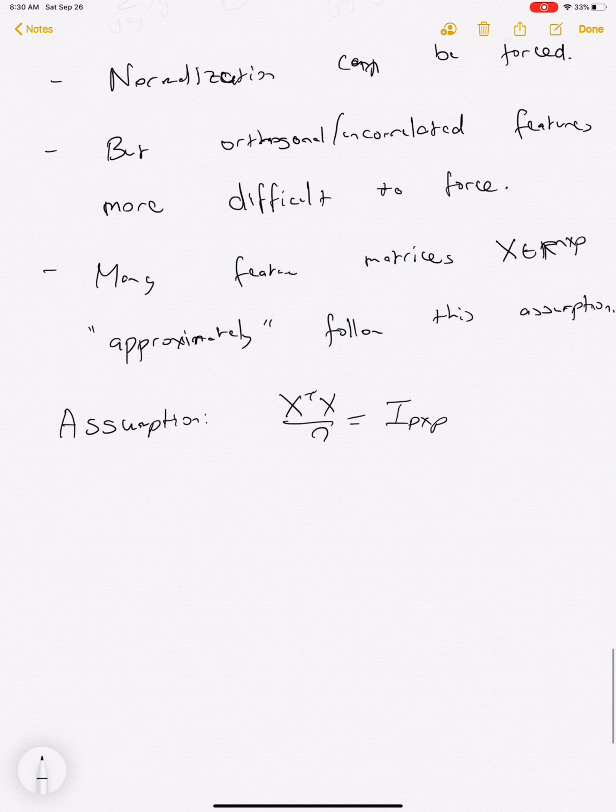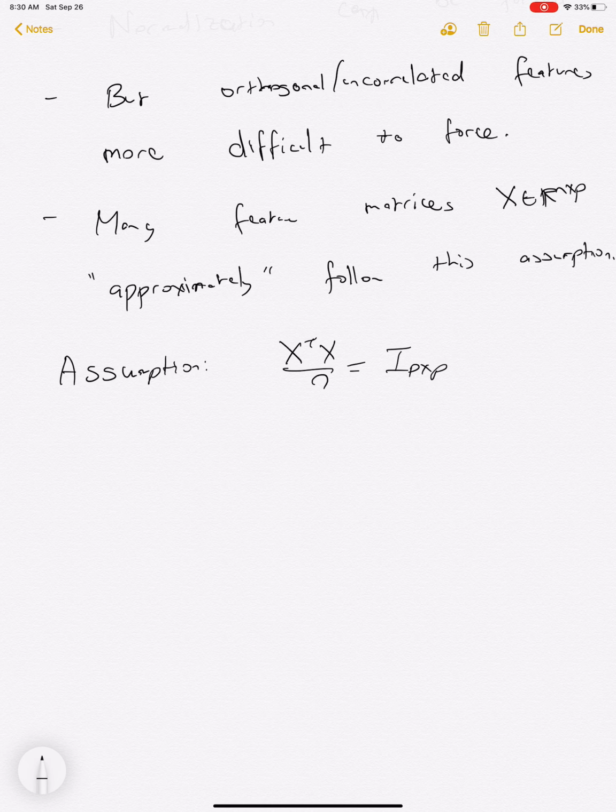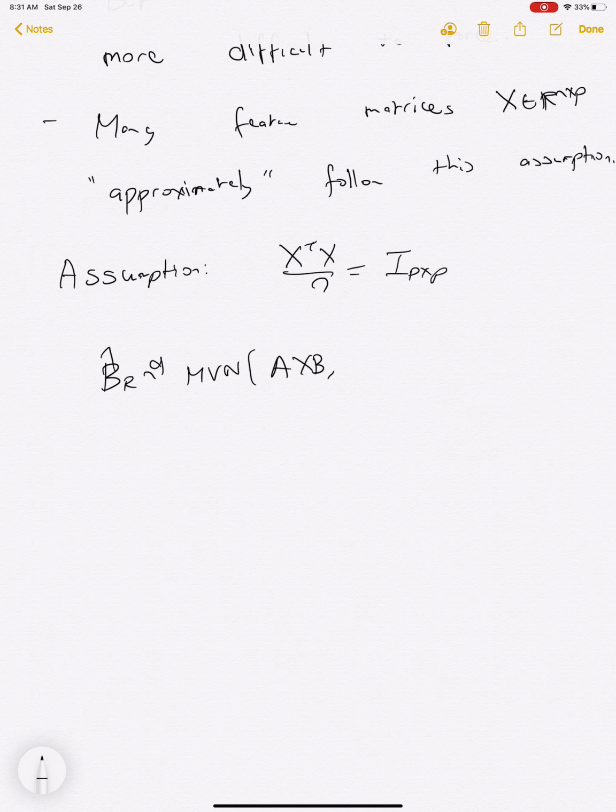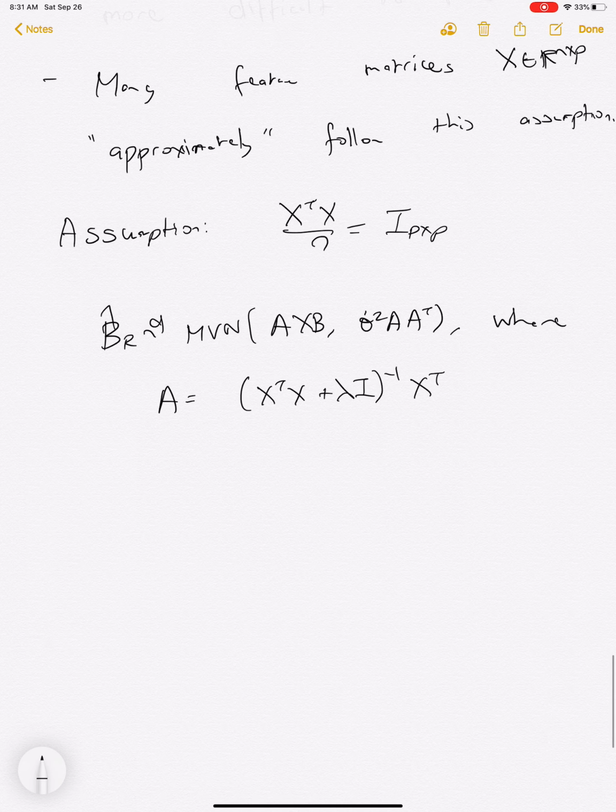So why is this a useful thing to do? Remember that we have that B hat R is multivariate normal, AXB, and then sigma squared A transpose, where this is what our A matrix is.